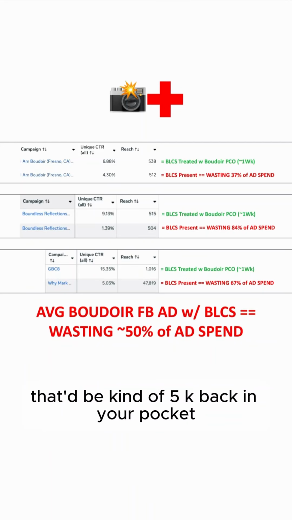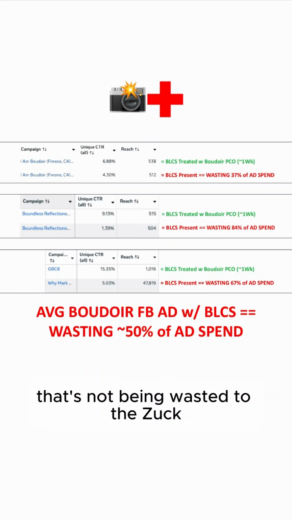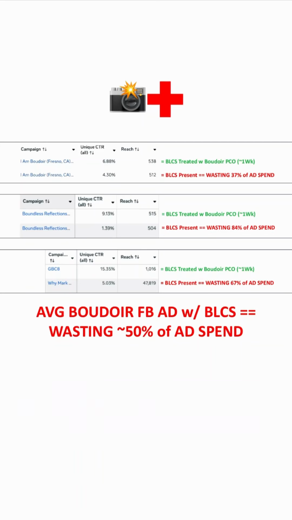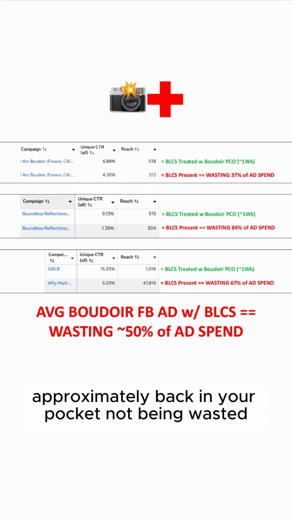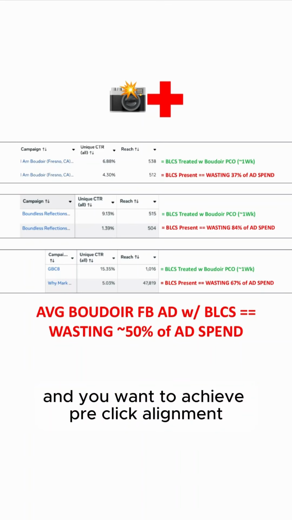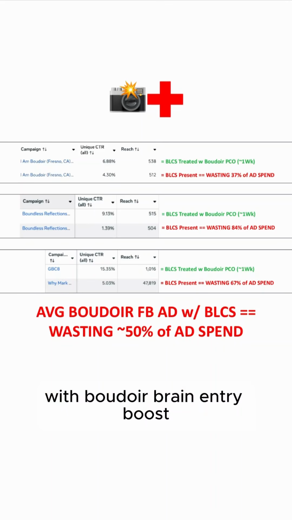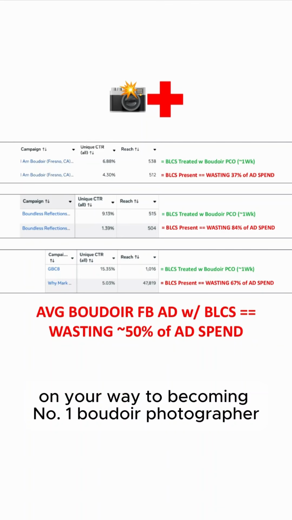That'd be 5K back in your pocket that's not being wasted to the Zuck, giving you about 60K over the next 12 months approximately, back in your pocket, not being wasted. And you want to achieve pre-click alignment so that you become a dominant boudoir advertiser with Boudoir Brain Entry Boost on your way to becoming number one boudoir photographer in your city.